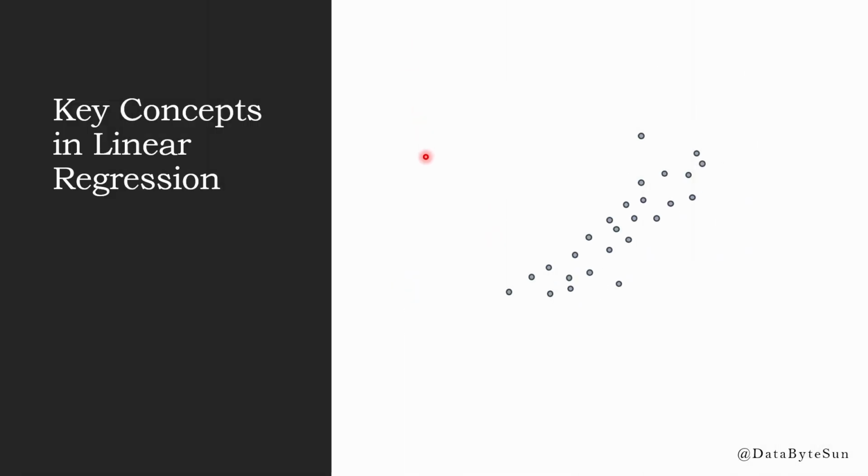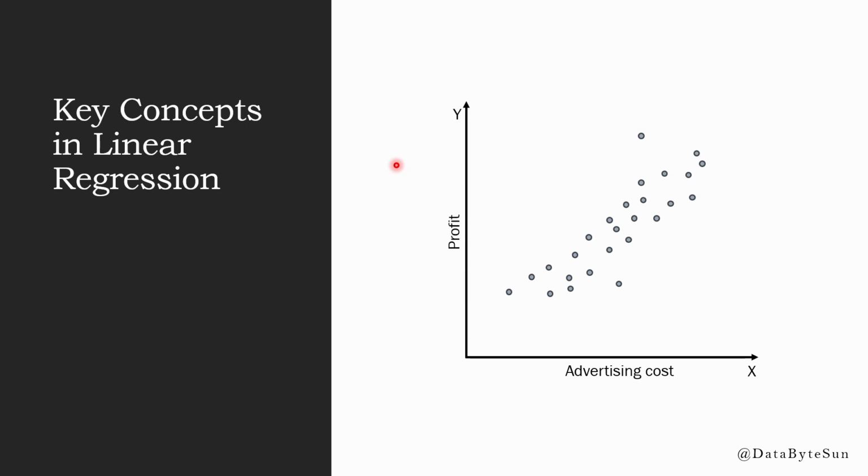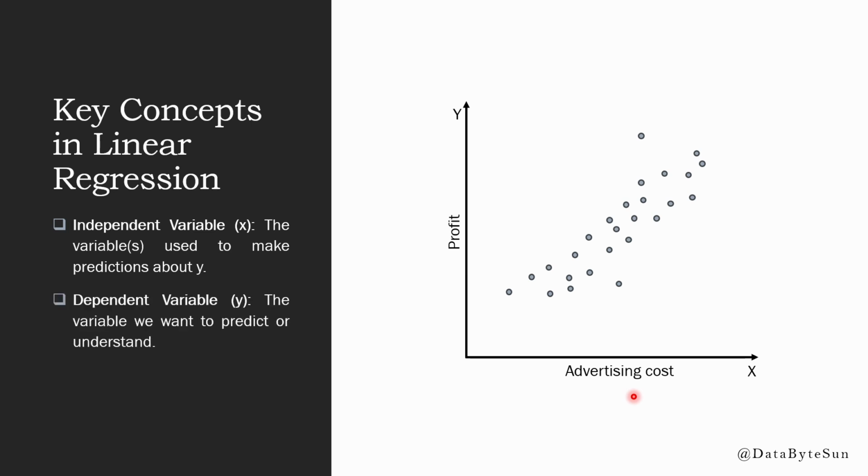Now let's break down the main ideas in linear regression with an example. Imagine a company wants to know how much to spend on advertising to maximize profit. Advertising cost is our independent variable, x, which is used to make predictions about y, and profit is our dependent variable, y, which we want to predict or understand.